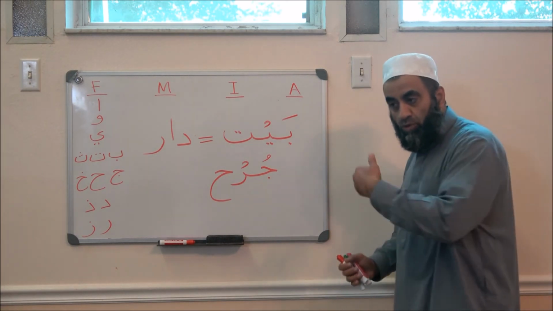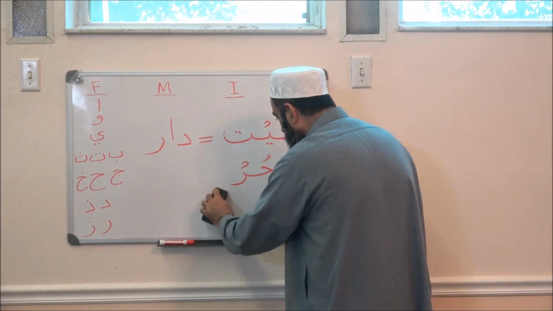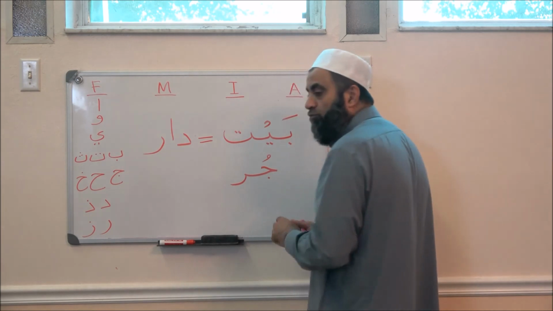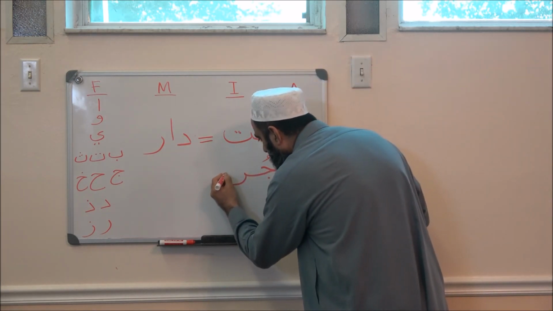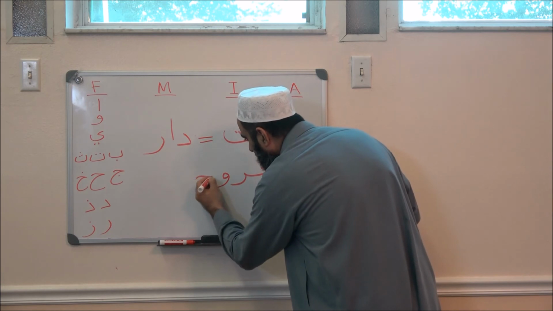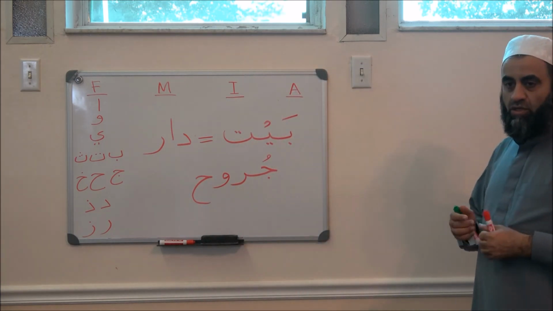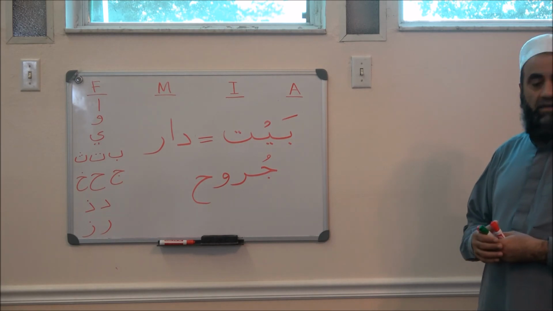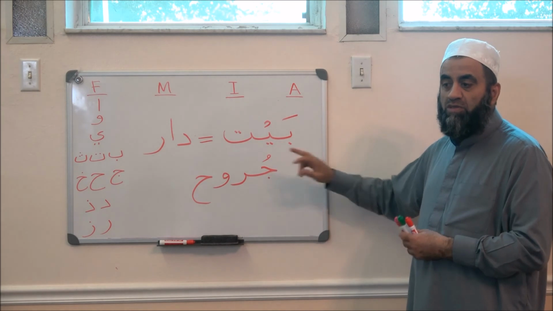And if you want the plural, so we can practice another letter, I can add it. The plural of jurh is juruh. Consonant plus a short vowel, that's one syllable, right?